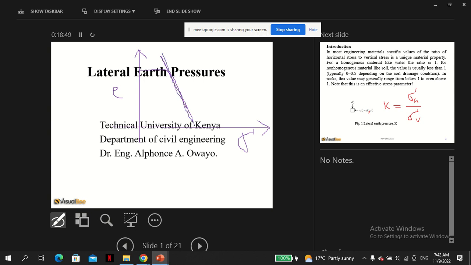So you need the sample under test to be on this virgin consolidation line. So you can see now this value is the value at the start of this line. So this is sigma p.